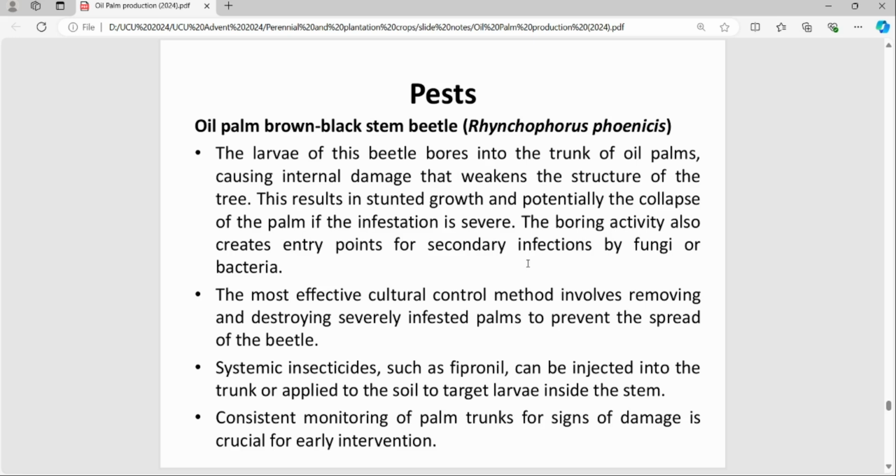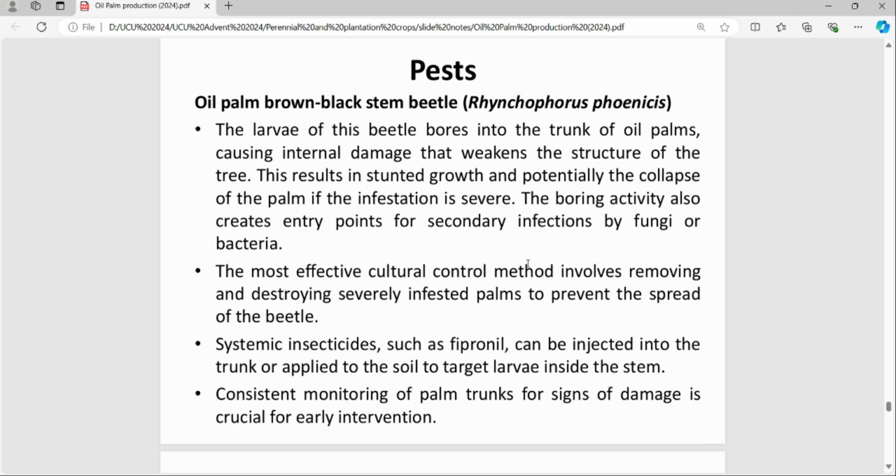Then the holes that are left within the stem can be an entry point for bacteria and fungus, hence leading to spread of diseases. So this can also be culturally controlled by removing and destroying infected palm trees. And then systemic insecticides can also be injected into the trunk to kill the larvae which is in the stem. And then consistent monitoring is also recommended so that early interventions are done.